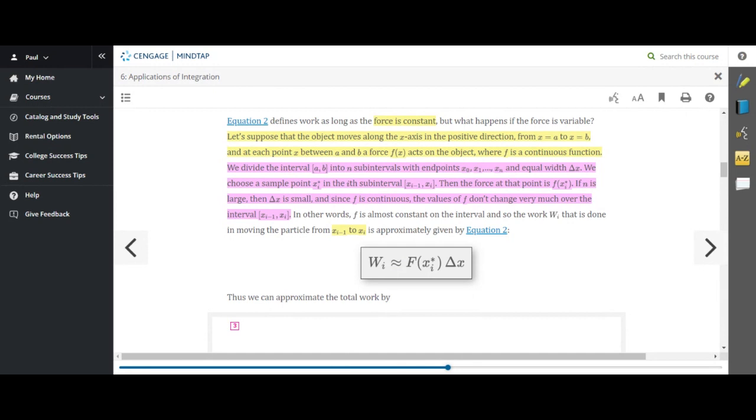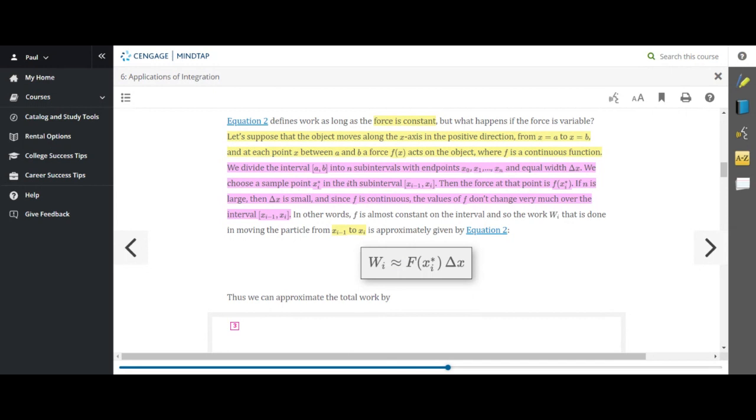Okay, and now they have a little typo here. Instead of a lowercase f, they have a capital F in the e-book. That f should be a lowercase f in that highlighted gray box.